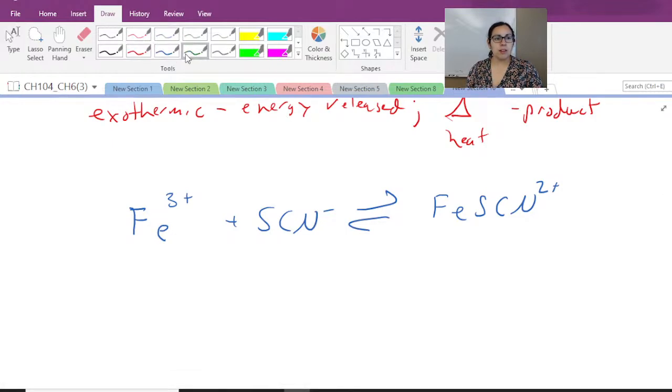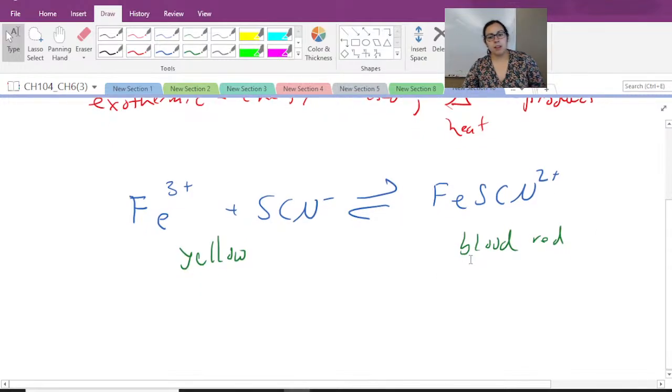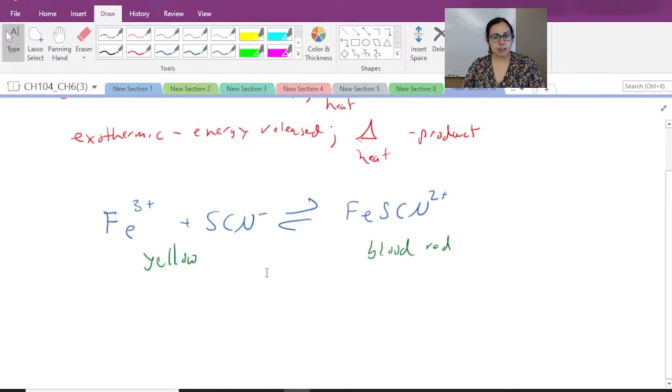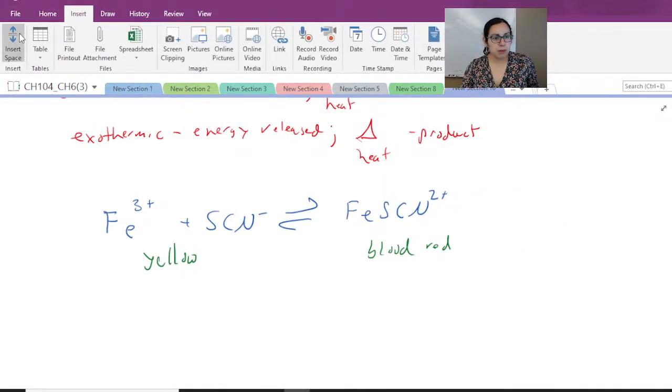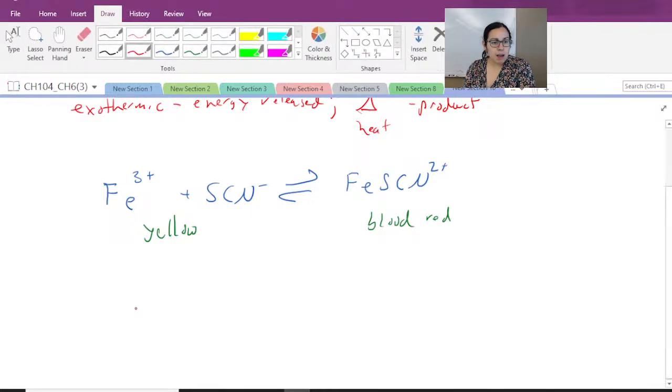And of course, the other key was that your reactants were lighter or yellowish, and then the product was that stark blood red. So now just based off of Le Chatelier's principle, you can tell me whether your lab results matched. What would we expect to happen when we add our iron nitrate?